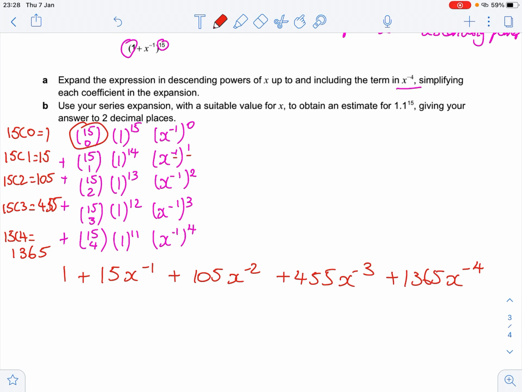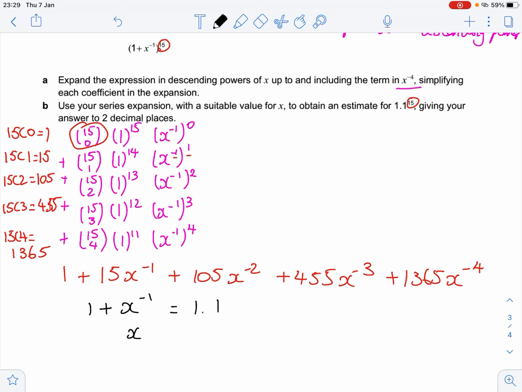Part B, we use your series expression, which is what we found from part A. Write a suitable value for x to obtain an estimate for 1.1. So again, just looking back, when we're doing our estimations, we know we can do it because we have the same power, 15. So now let's look inside our bracket. So we have 1 plus x to the power of minus 1 is equals to 1.1.